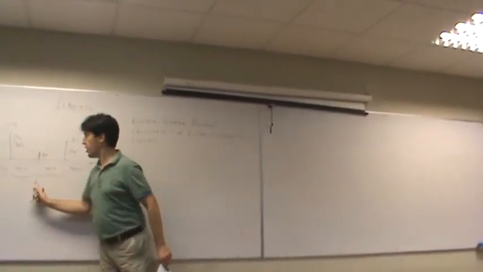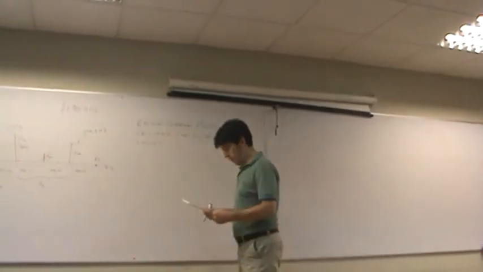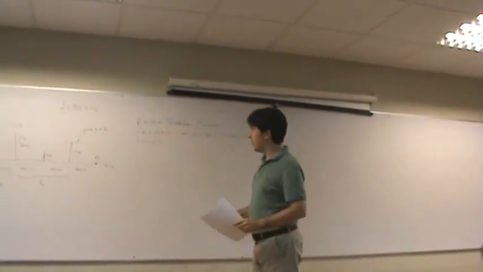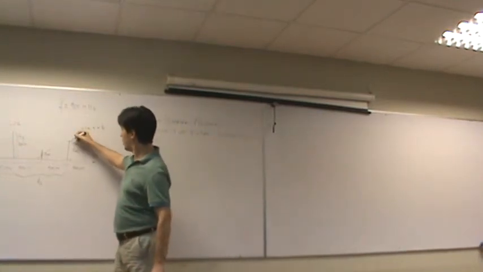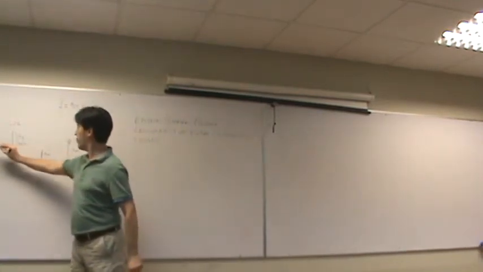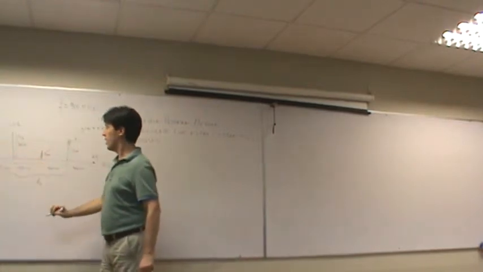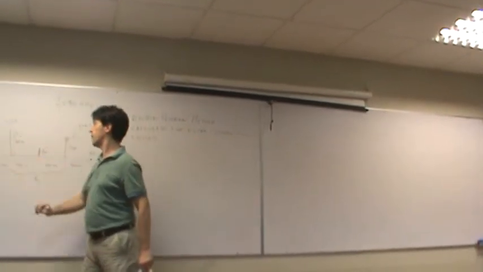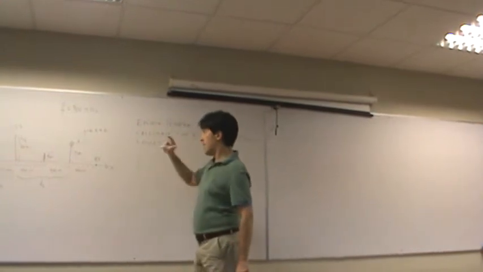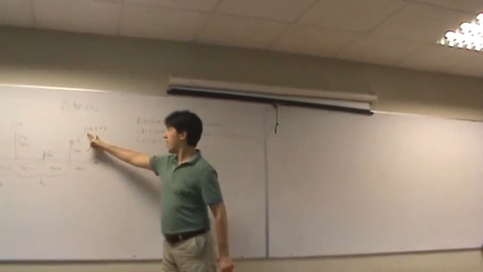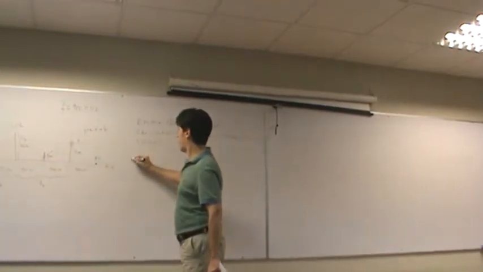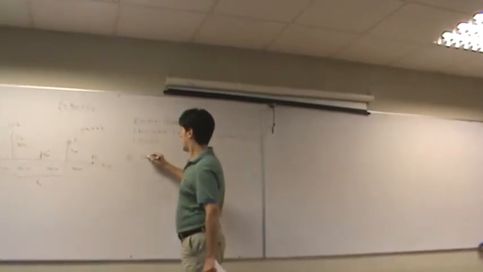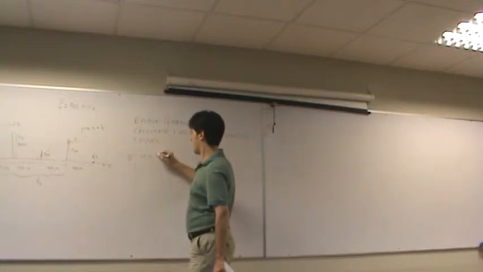Please note that I changed this because otherwise it can be confused with this. Now, how do you do it? You do it by forcing this line to pass through this point and this point. So let's start from point A. Point A is x equals 0 and epsilon is equal to 10 meters. So you write for point A: 10 is equal to 0 plus B.